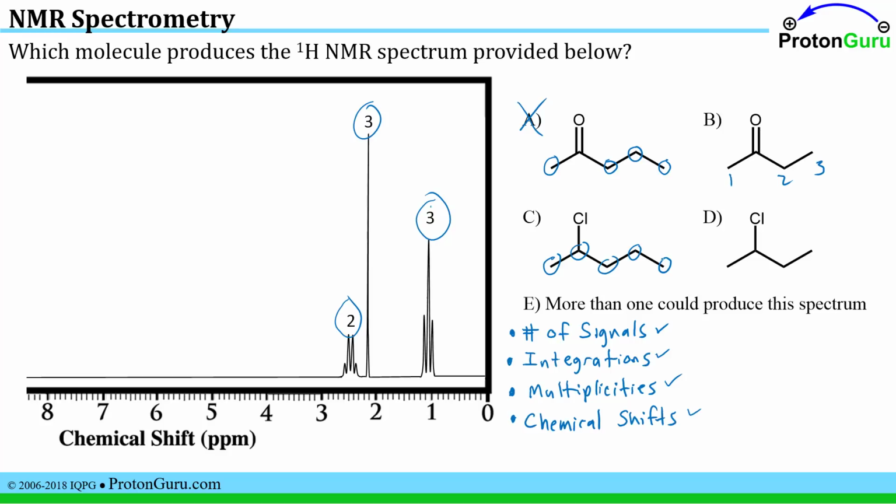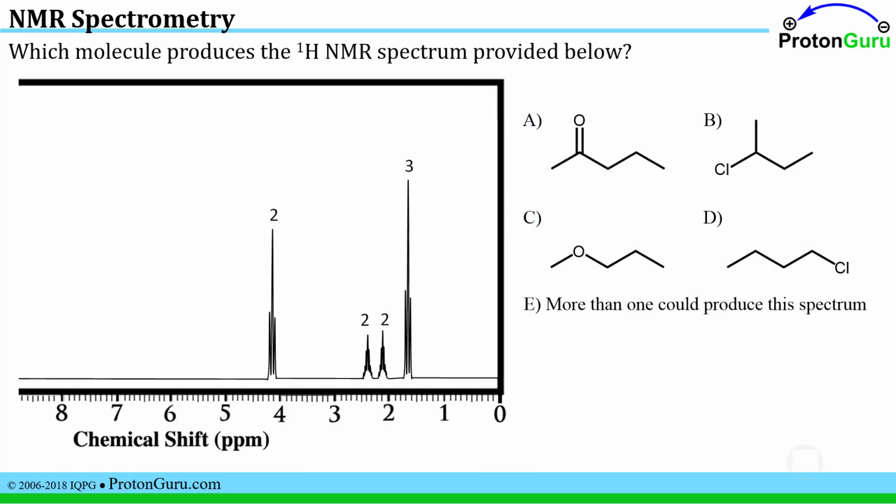That should give me 5 signals. There's no symmetry in this molecule. Rule that out. 1, 2, 3, 4 different magnetically unique sets of protons should give me 4 signals. So in this particular case, I can use just the number of signals I expect for each molecule to determine that only molecule B could have given me the spectrum.